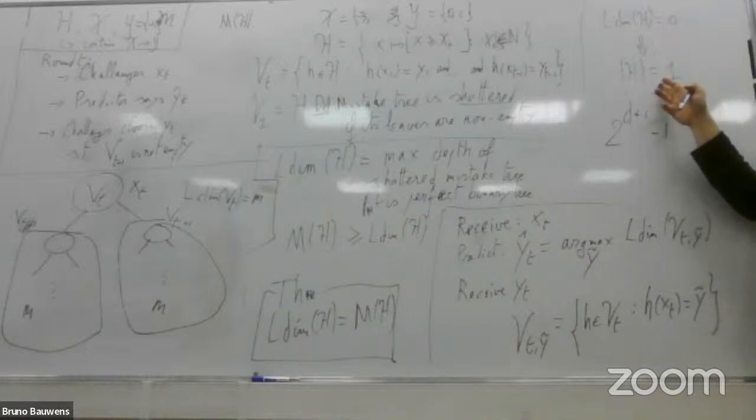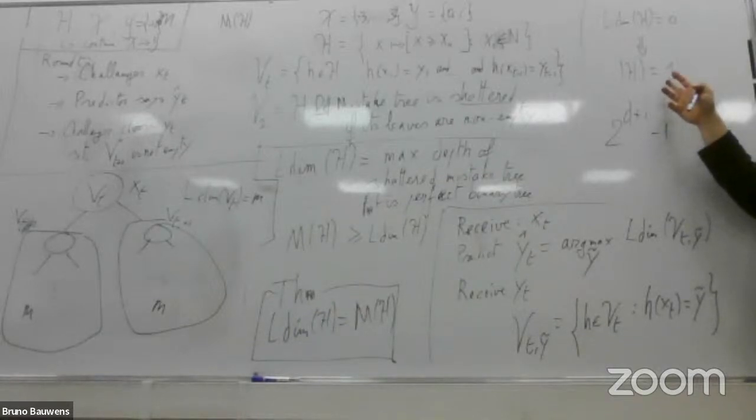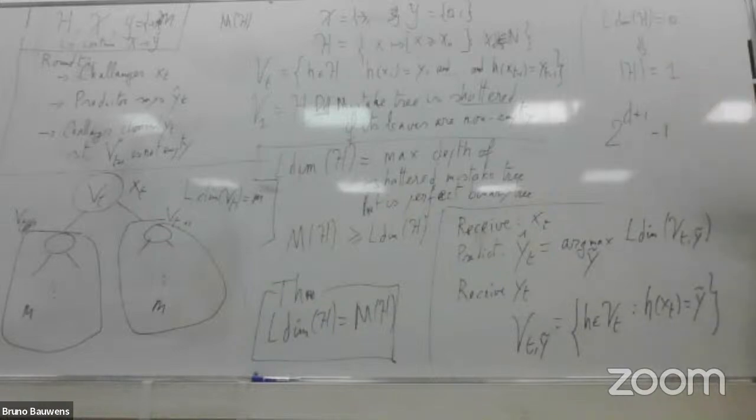So what is the definition of Littlestone dimension? If it's bigger than 0, then we can build at least a tree of 3 nodes, the root and 2 children. But we cannot even build this perfect binary tree. So that means the biggest shattered binary tree is the one that only contains the root, the tree of depth 0.